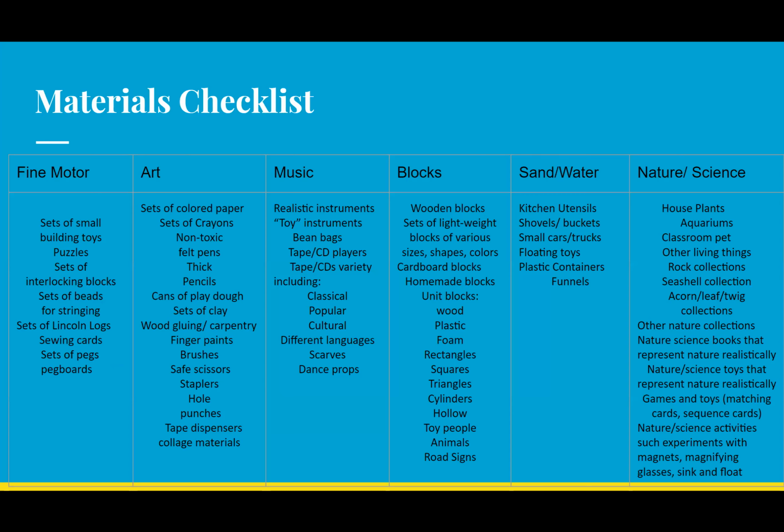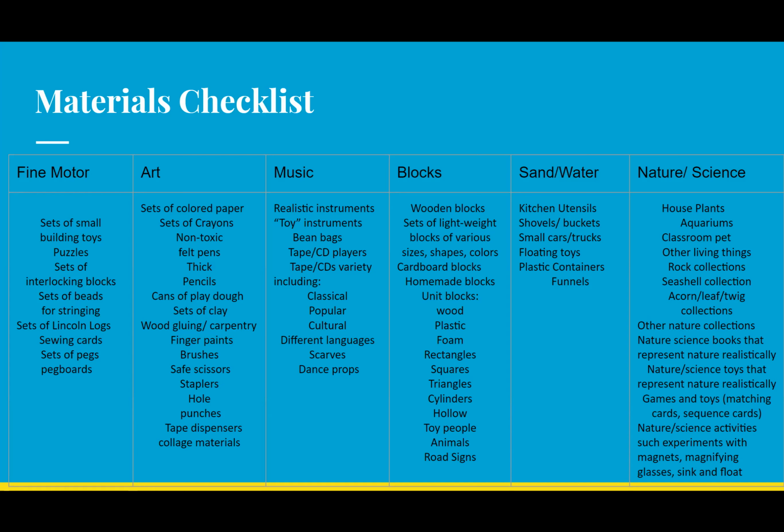So here is a material checklist to have in each center. So when we're looking at fine motor, in the manipulative area, we want to have blocks that connect to one another, or maybe some sewing cards, or the pegs with the pegboard.